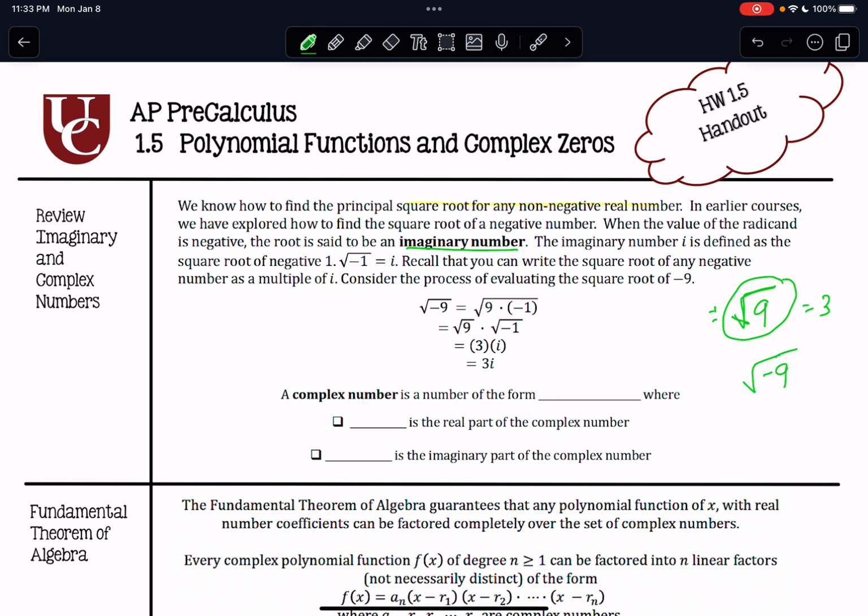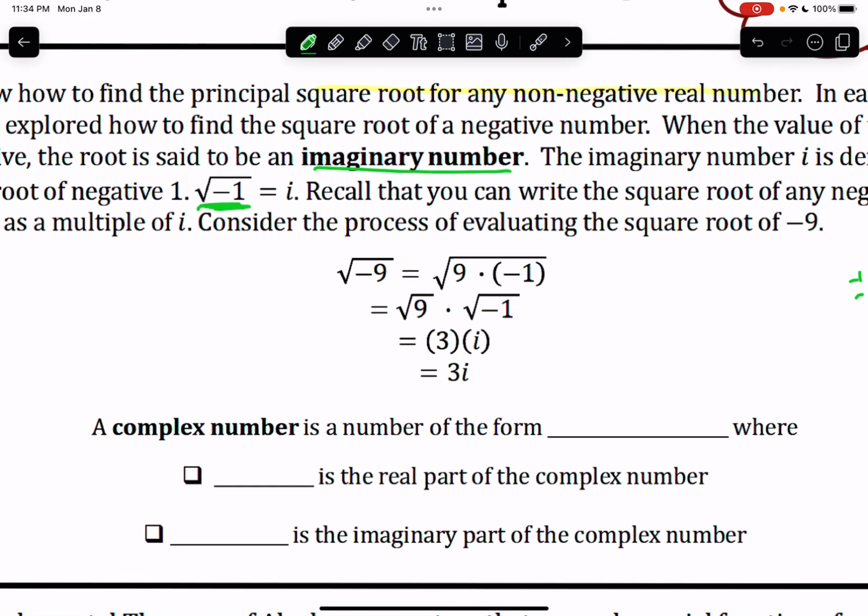Now, what you have to know about an imaginary number is that it's an i, and it's defined as the square root of -1. If you look at this example, they take the square root of 9, and then they split it up, the square root of 9 times the square root of -1.